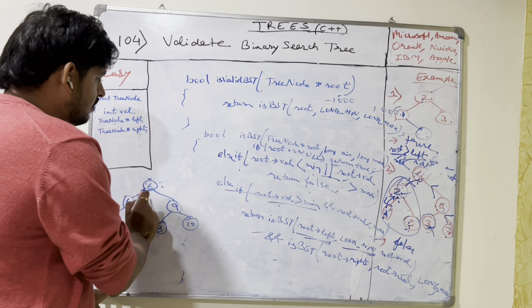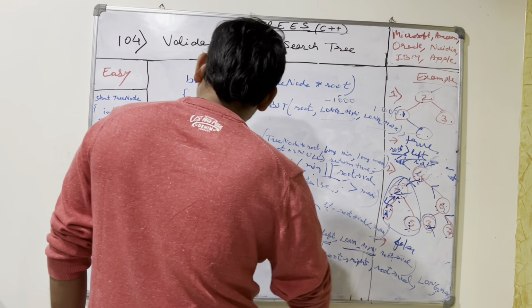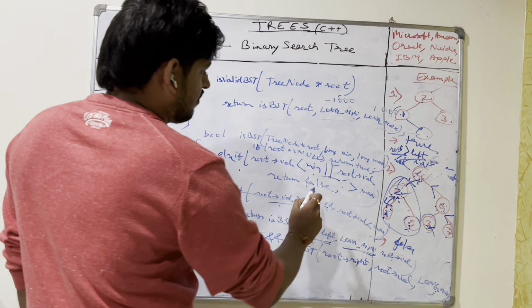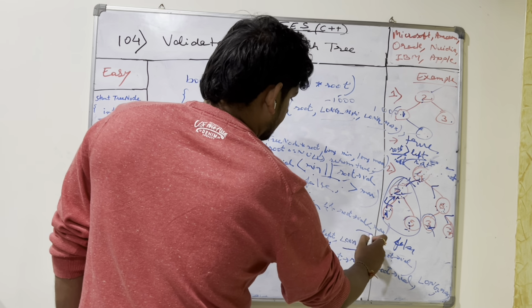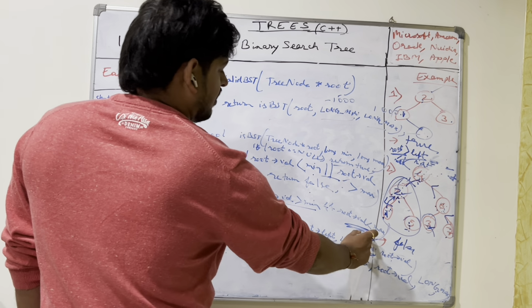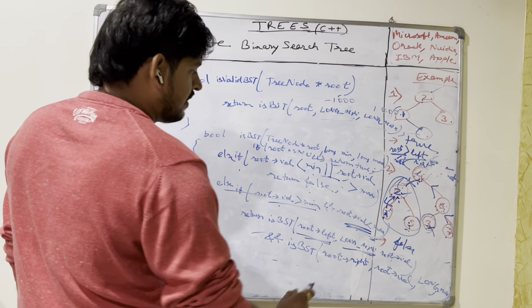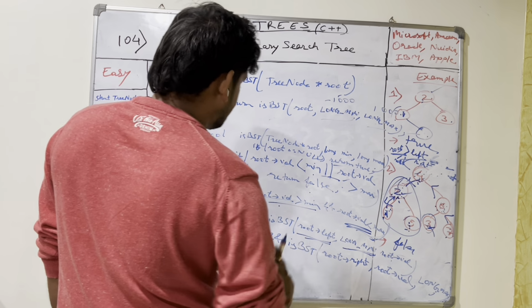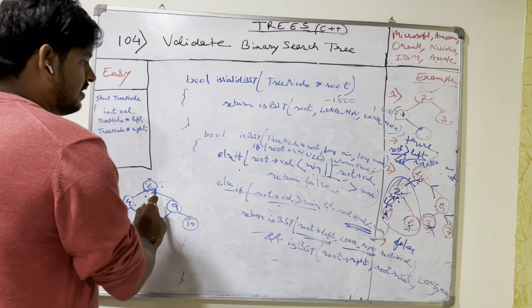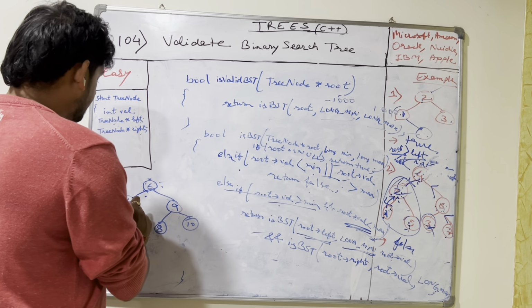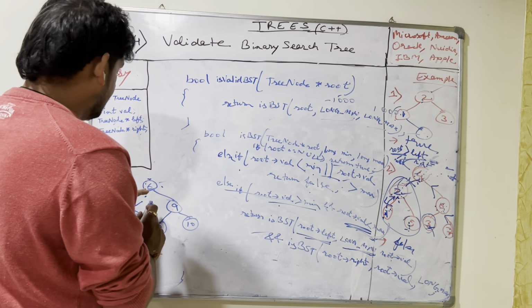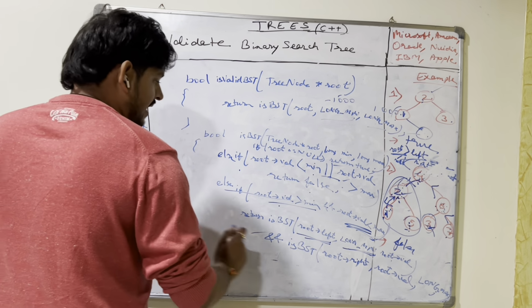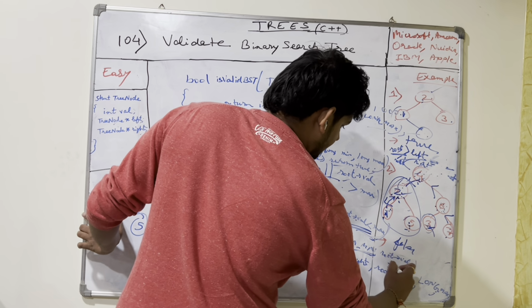So the maximum value has to be less than 6, right? That is what we are checking here. So here root value is less than maximum, so it is okay. 4 is less than 6, because we are going to the left part of it. So the maximum value when we are going to the left is the root value.